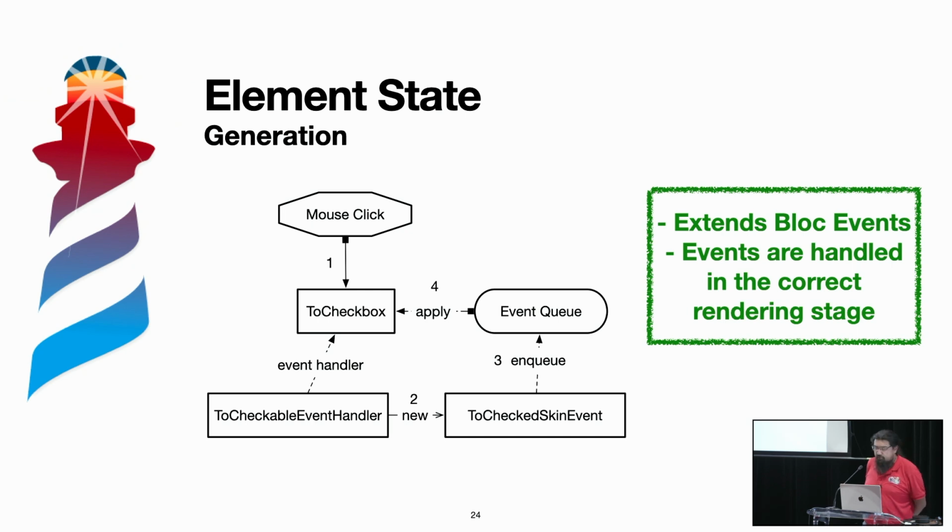Why is this pushed in an event queue? Why do we have this abstraction? Because we are extending Bloc events, and we have to guarantee that events are handled in the correct rendering stage. We cannot do all the changes at any moment. So to avoid this problem, and to avoid making the maintainer of the skin handle it, we have the event queue.